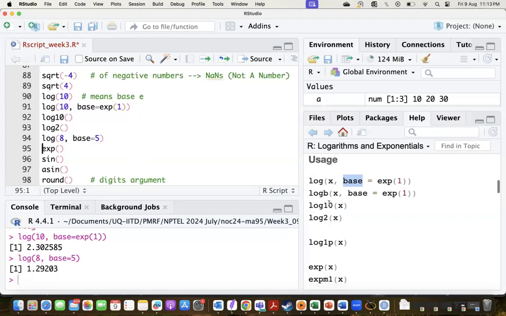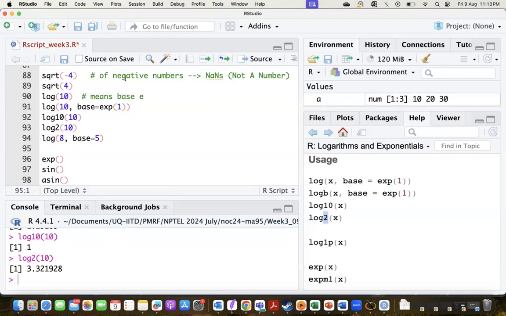For specifically log 10 and log 2, just to make things easier, you don't have to write base is equal to whatever every time. There are other functions which are directly log 10, log 2. Right? So within this, if you write log 10 base 10, so you know log of a number base that same self is going to give you 1. So anything you write here. So that's log 10 base 2.